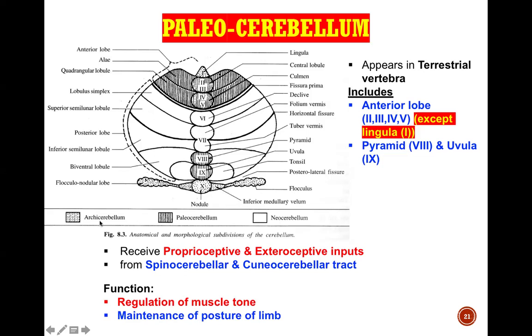The archicerebellum is responsible for the trunk muscles and the eye movement, but this part is responsible for regulating muscle tone and maintaining the posture of the limb.